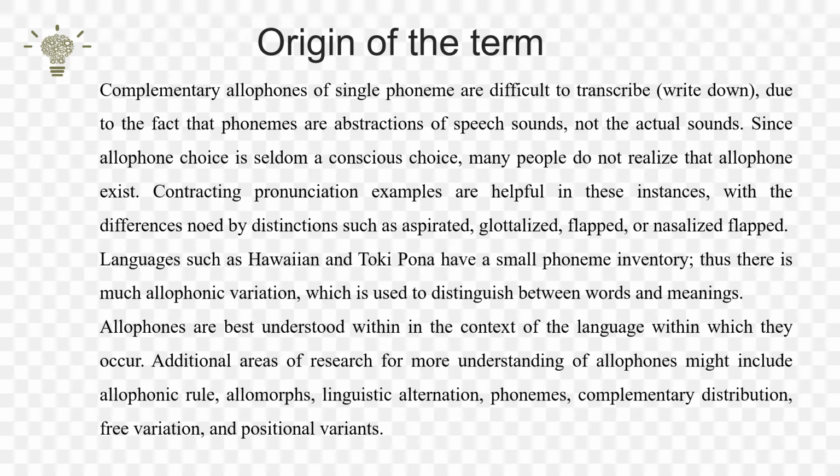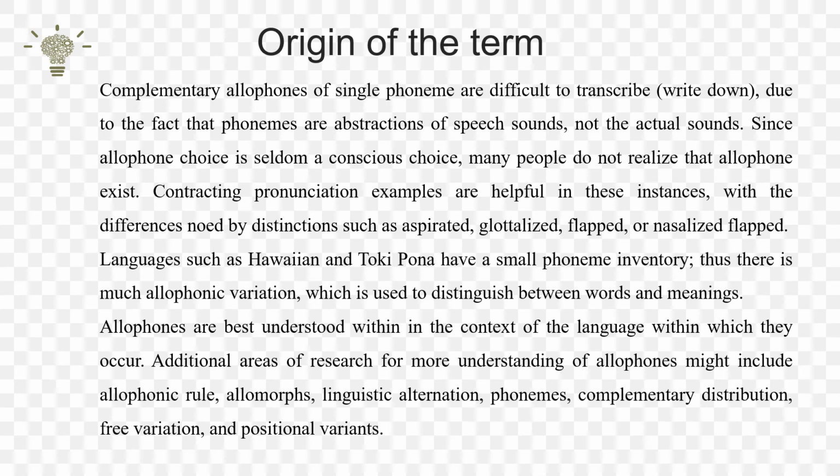Contrasting pronunciation examples are helpful in these instances, with the differences noted by distinctions such as aspirated, glottalized, flipped, or nasalized. Languages such as Hawaiian and Toki Pona have a small phoneme inventory. Thus, there is much allophonic variation, which is used to distinguish between words and meanings.